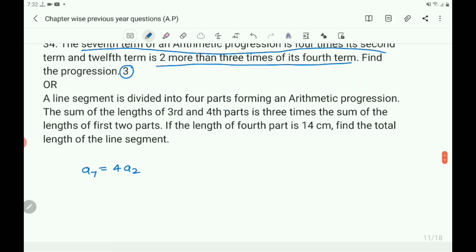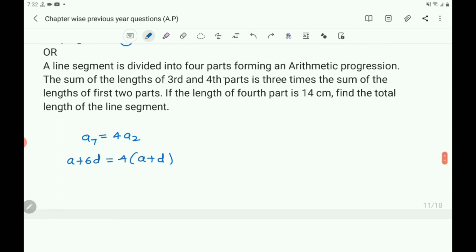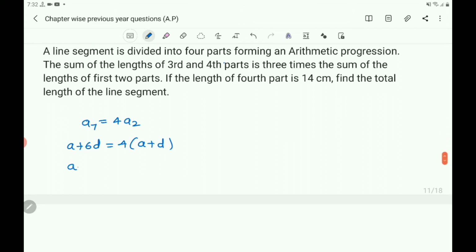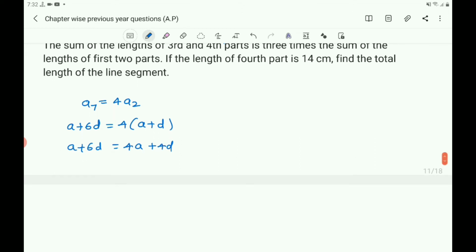So a7 you can write as a plus 6d equals 4 into (a plus d). Here this is a7 and this is a2, and a2 is a plus d. Then it becomes a plus 6d equals 4a plus 4d. So you can express a in terms of d or d in terms of a.